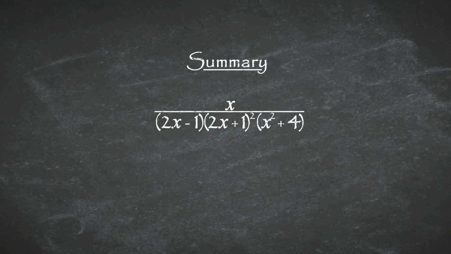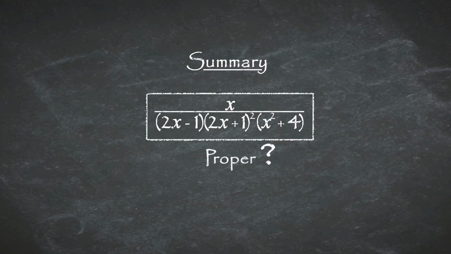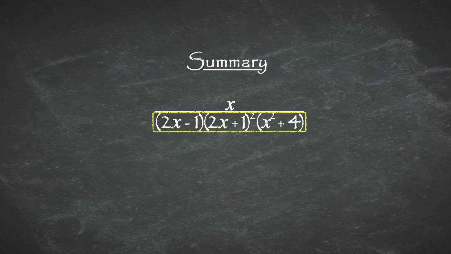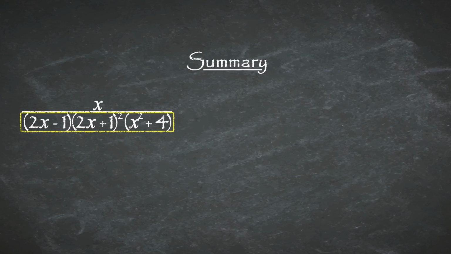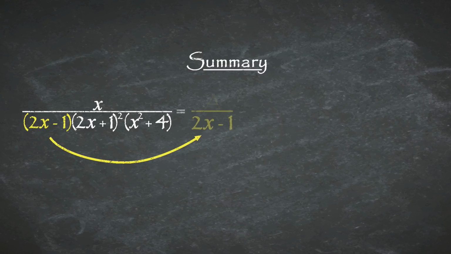Let's summarize. Look at this algebraic fraction. First, before finding its partial fractions, remember to check if it is a proper fraction. Next, look at its denominator. For the linear factor 2x minus 1, it corresponds to this partial fraction.